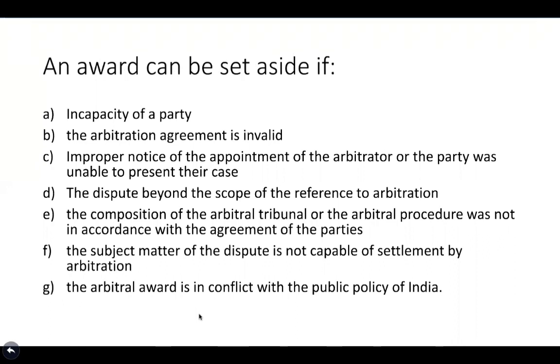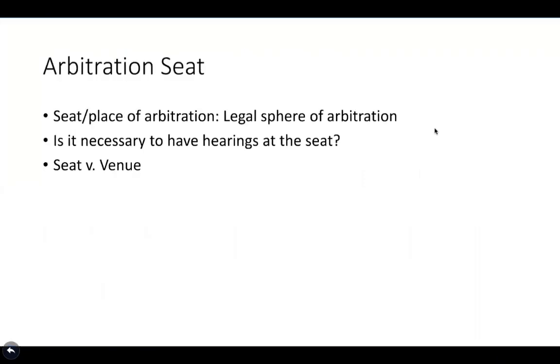And the important part is part G, which provides that if the arbitral award is in conflict with the public policy of India. A lot of cases we have seen in India where the Indian Supreme Court has exercised this power and held that the award was against public policy. So that's about the setting aside procedure.